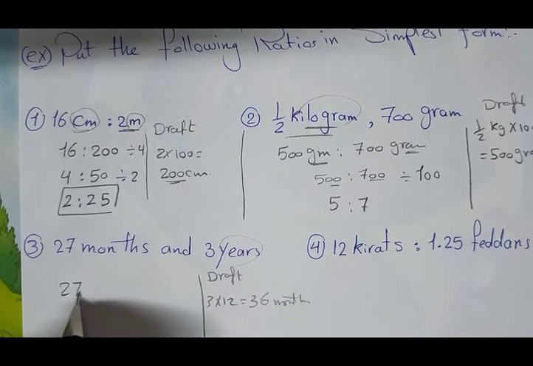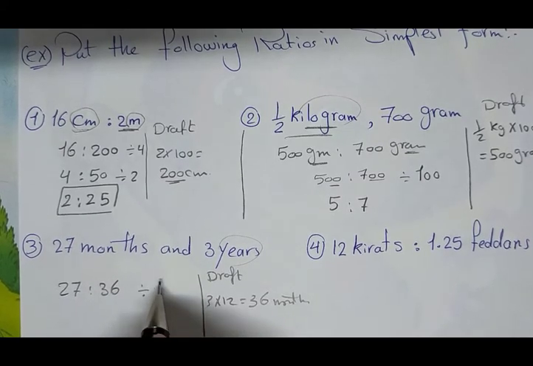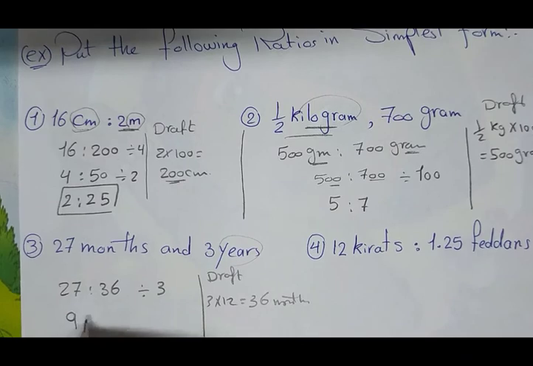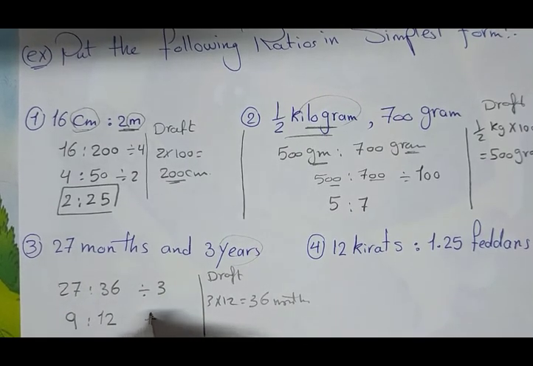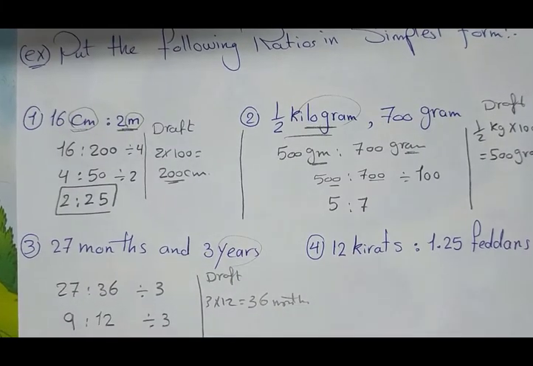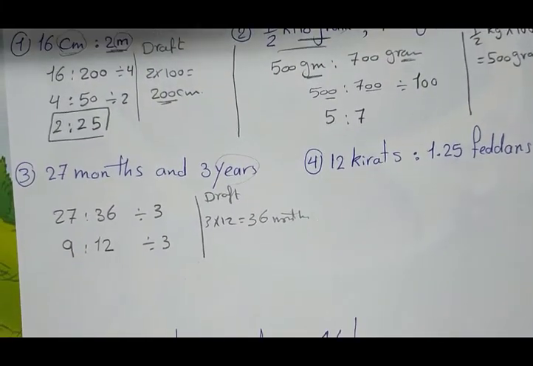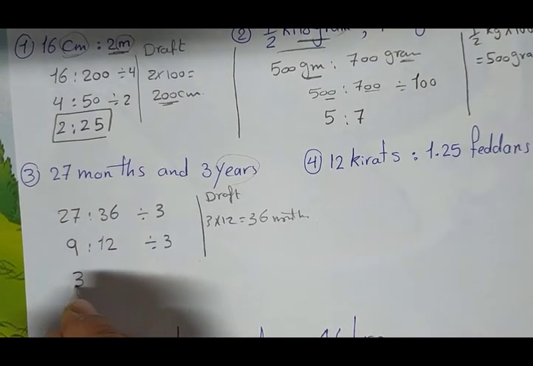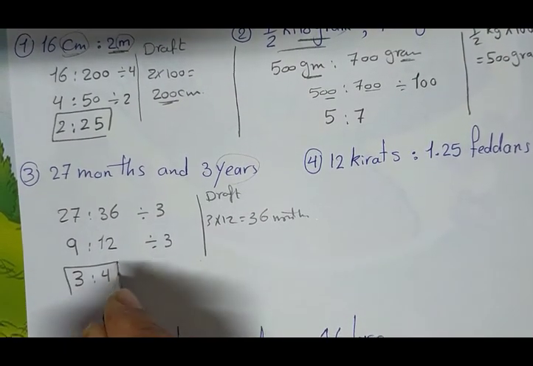So 27 to 36 can be simplified by dividing by 3, 9 and 12. Can simplify again by dividing by 3, 3 and 4, which is the simplest form.